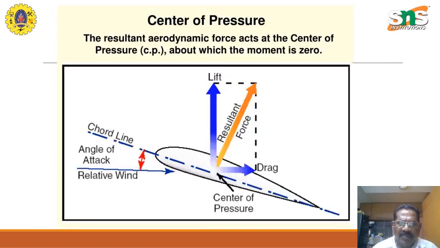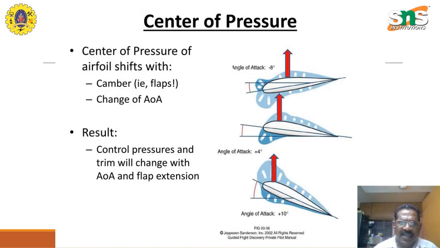The resultant aerodynamic force acts at the center of pressure, or CP, without a moment, which is called zero. The center of pressure of an aerofoil shifts with the camber or the flaps and the change of angle of attack. That's what we see in the first drawing. The result is that control pressures and trim will change with the angle of attack and the flap extension.